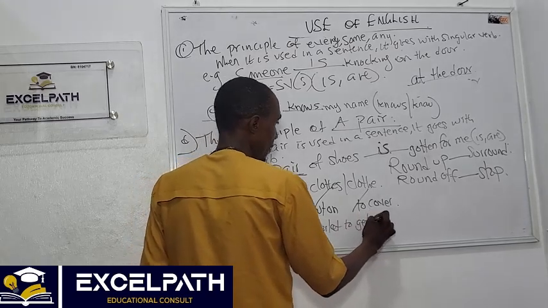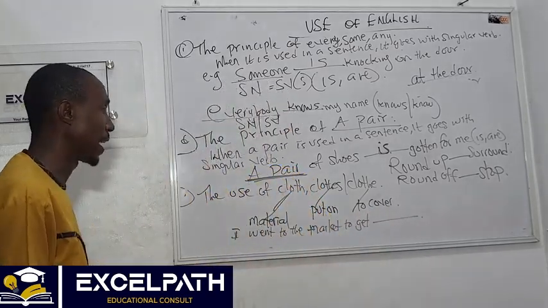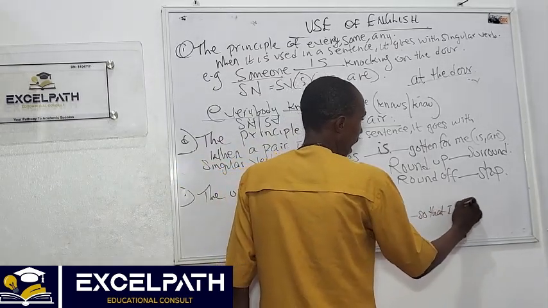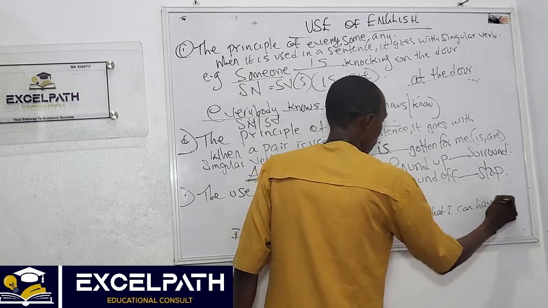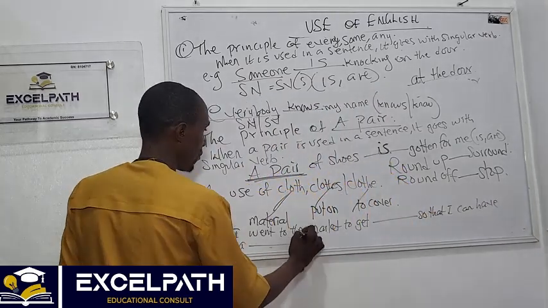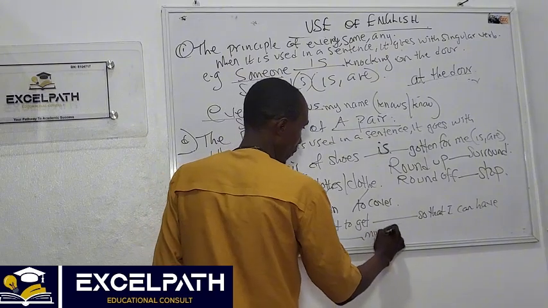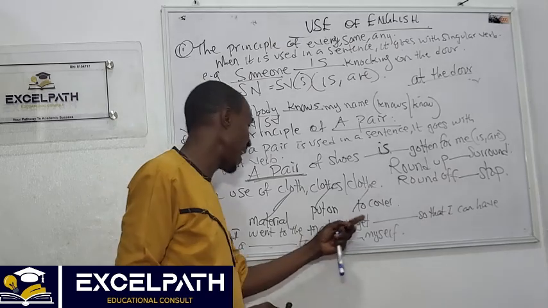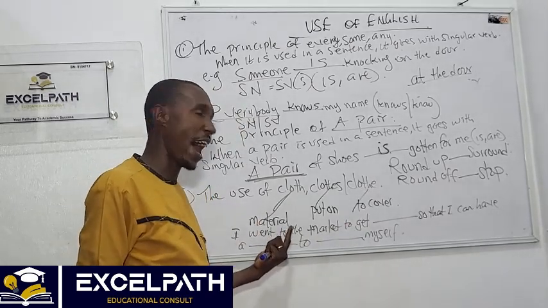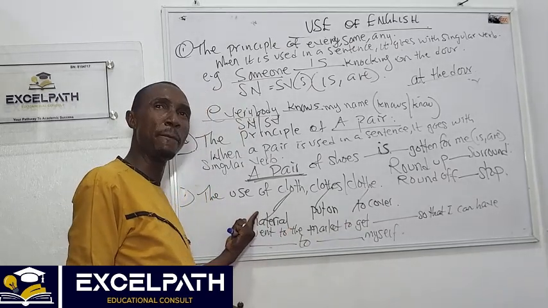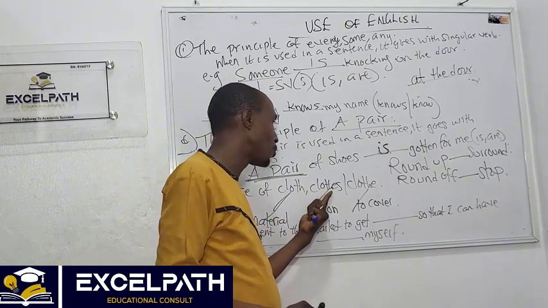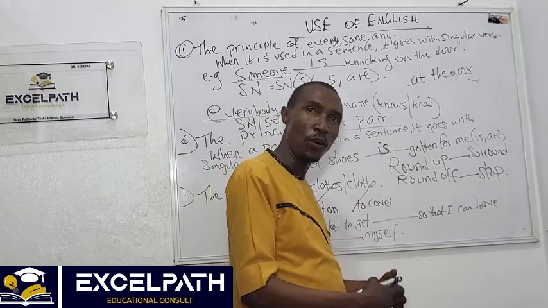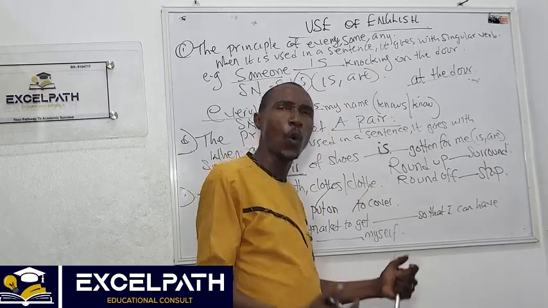I went to the market to get dash so that I can have a dash to dash myself. I went to the market to get a material. I went to the market to get what? A material. For me to what? To have a cloth in order for me to what? Clothe myself. So this clothe here means to cover.